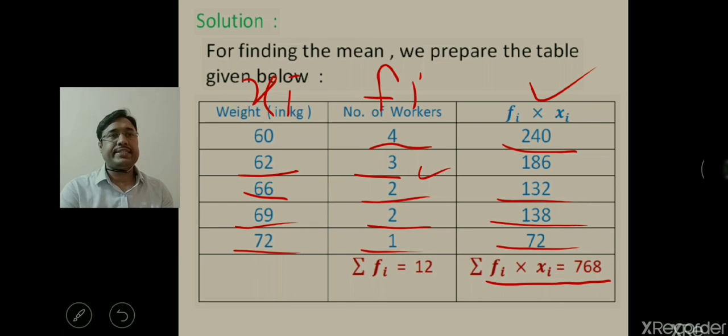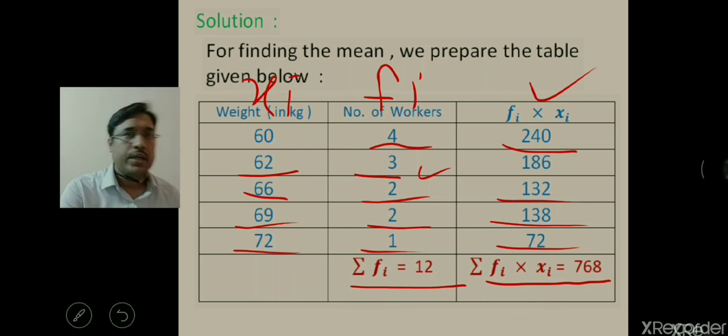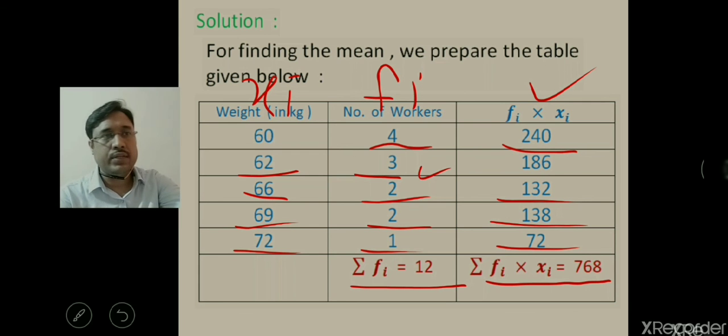The summation of fi xi is 768, and the summation of the frequencies is 4 plus 3 is 7, plus 2 is 9, plus 2 is 11, plus 1 is 12. So you have found the total of the frequencies and the total of the products, where fi is the frequency and xi is the corresponding data.